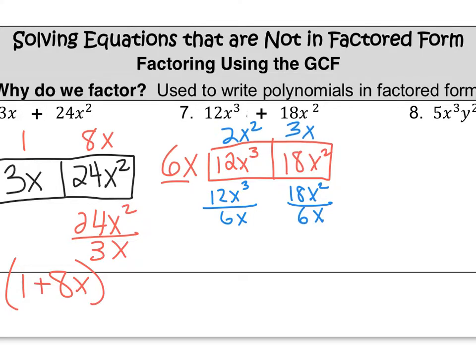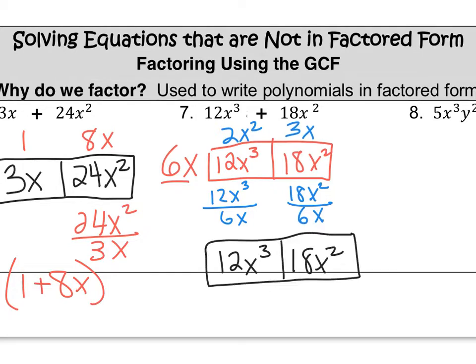So I'm just going to redo my whole area model. So I'm going to do 12x to the third, 18x squared. But this time I know I need to take out not just 6x, but I need to take out 6x squared. And when I take out 6x squared, that leaves me 2x and 3.